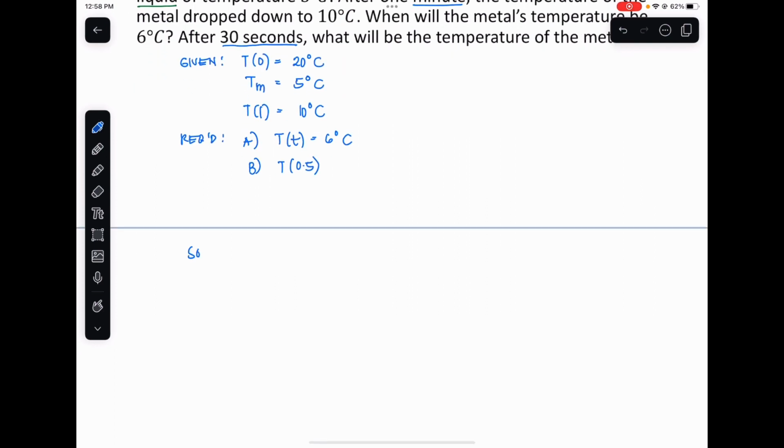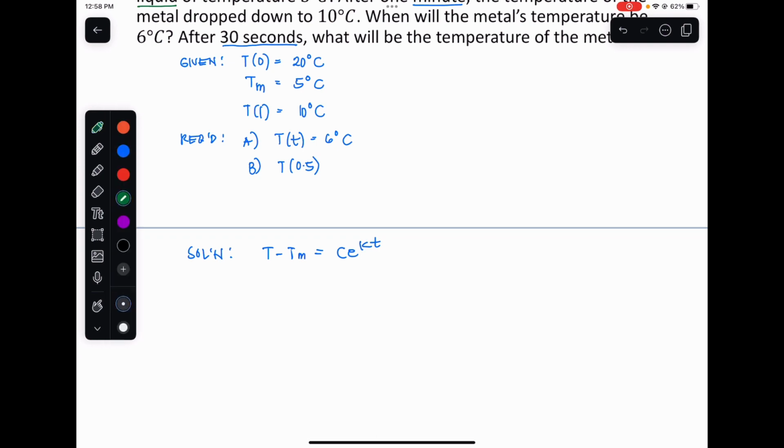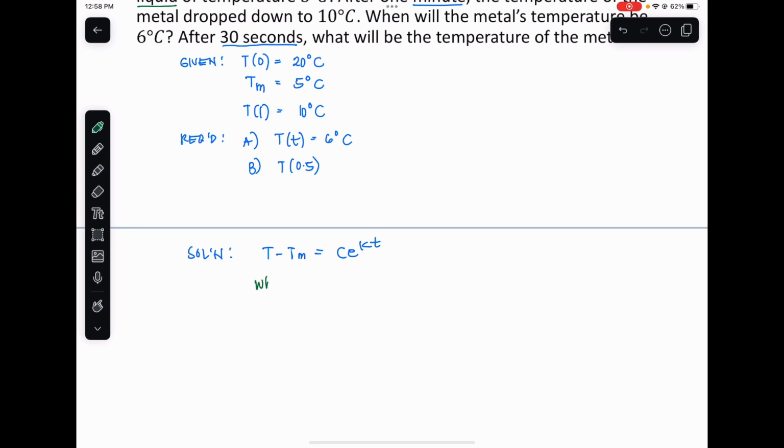For our solution, we always start with our working equation, that is T minus T sub M is equals to C e raised to kt. And then we substitute our initial values, that is when time is equal to 0. So the temperature is 20 degrees Celsius.